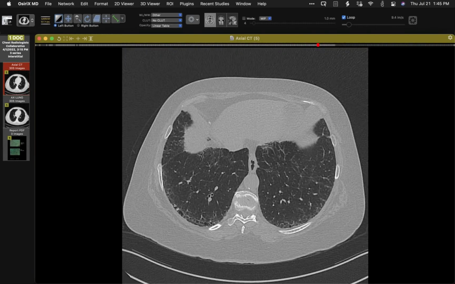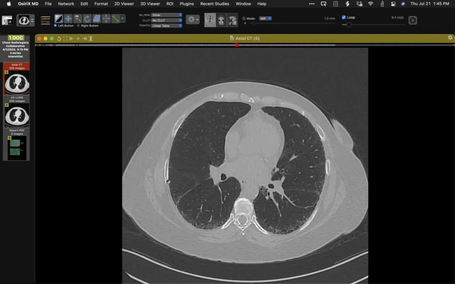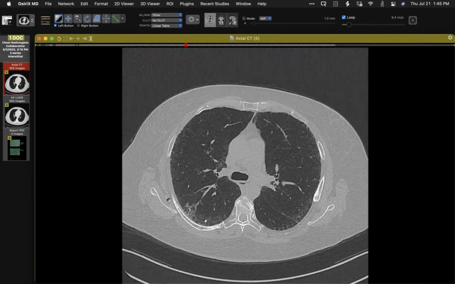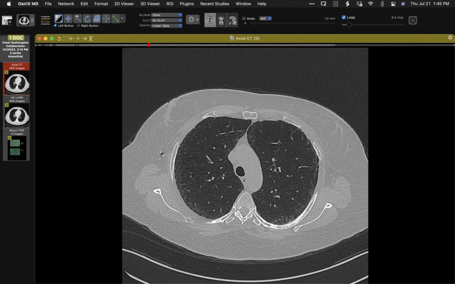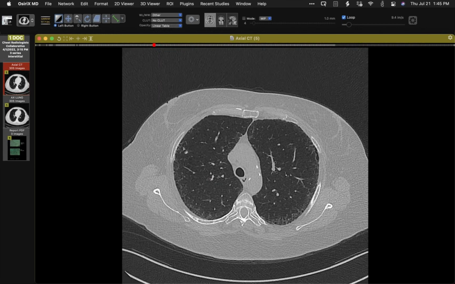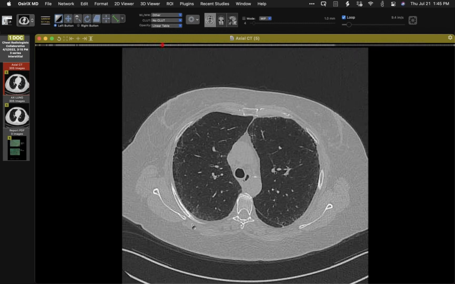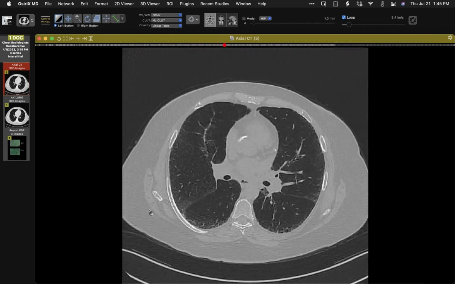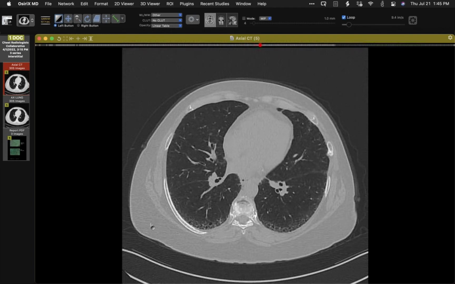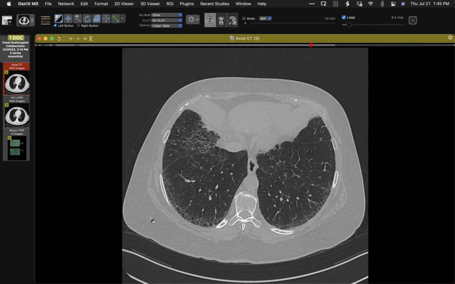So in looking at these lungs in a patient who's a smoker, there are certainly findings consistent with smoking-related disease. But in the periphery of the lungs, particularly here, we have a lot of reticulation, ill-defined opacity. And then, of course, down here, you'd wonder about basal lung fibrosis.